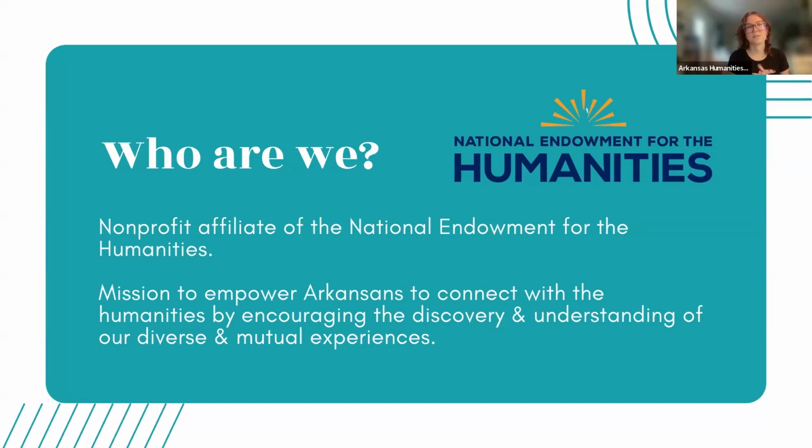What this means for grants is that the National Endowment for the Humanities allocates a certain amount for state humanities councils. There are 56 of us across the country and the territories. Of that allocation, we as a council allocate funding for granting. So we're talking about those reportings that we have to do on your end and our end as well.